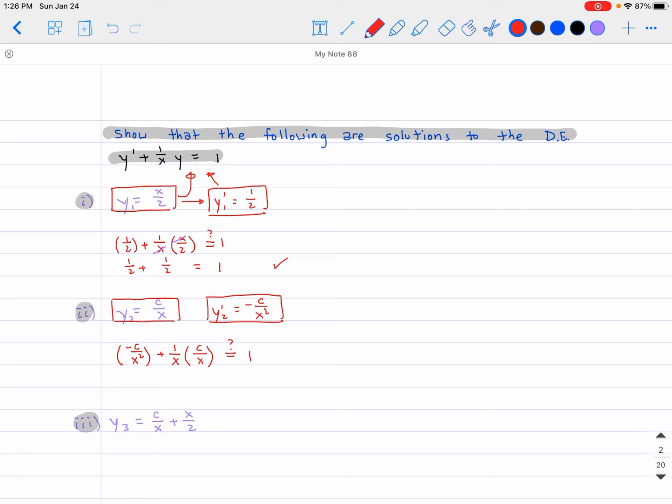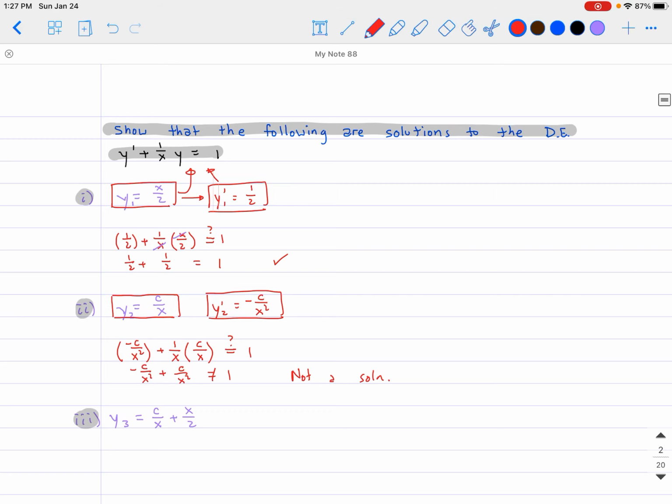And the question is, does that equal 1? If we clean up the math here, we get negative c over x squared plus c over x squared. And in this case, you'll see that unfortunately it does not equal 1. So that means this is not a solution. So, not a solution.